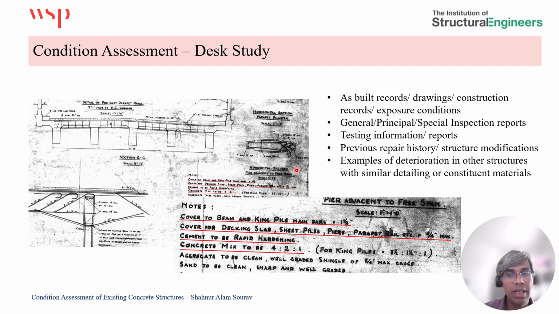Another thing we need to look for is whether there is any typical deterioration in the nearby surrounding areas or in similar types of structures. If we know something is wrong in a nearby structure in a similar region, we can get as much information as possible from these structures to inform our maintenance strategy.